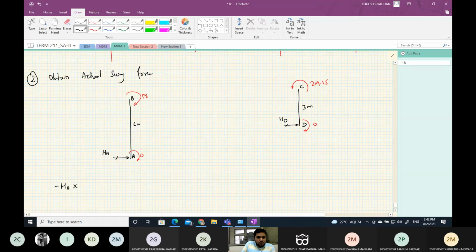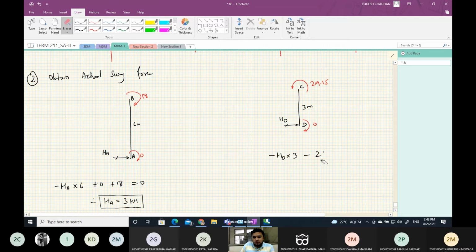So minus HA into 6, that is anticlockwise, plus 0 plus 18 equal to 0. So you will get HA is equal to 3 kN. And here minus HD into 3, because it is anticlockwise, minus 29.15 equal to 0.